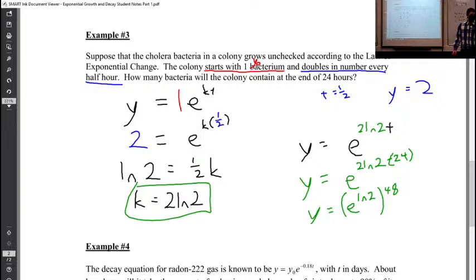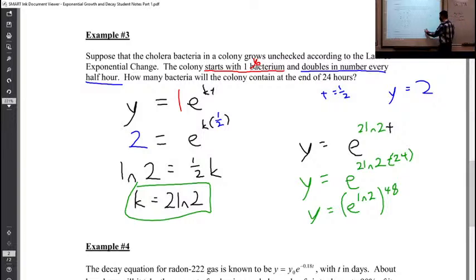Okay, with that rearranging, if I take something to the a and raise that to the b, then that's the same as raising it to the a times b. So I'm rewriting e to the natural log of 2 times 48 as e to the natural log of 2 to the 48.